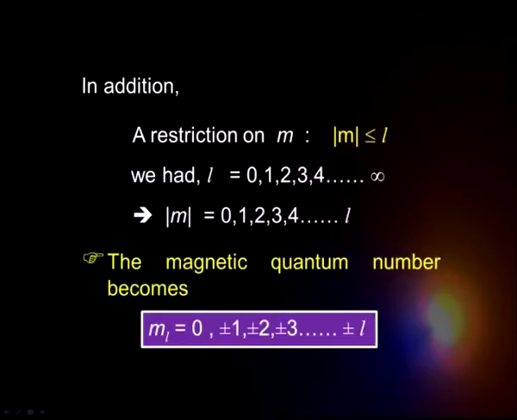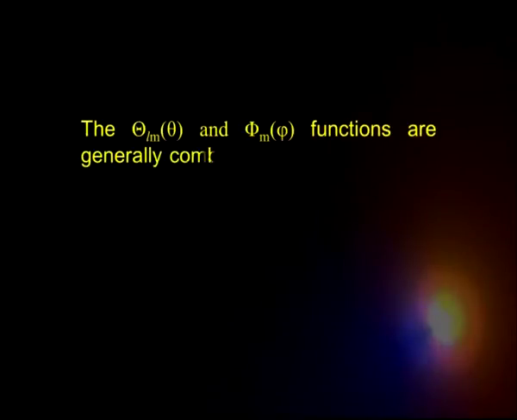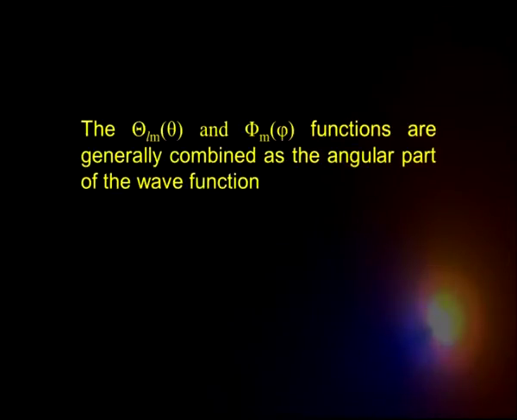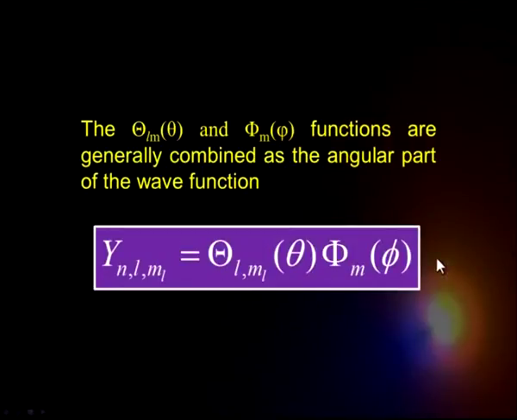Okay, so we have the phi equation solved, and the theta equation's result we have seen. Typically, if you look at the theta equation and the phi equation, both of them involve some kind of angular component. Normally, we club these two together, because the wave functions of the theta and phi equations are clubbed together into what we call the angular part of the total wave function.